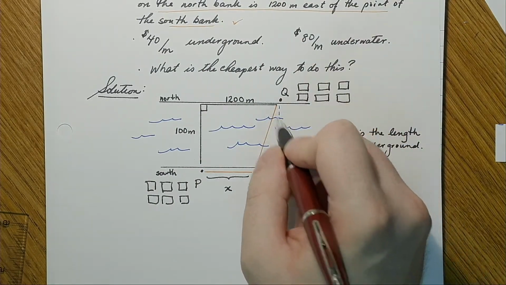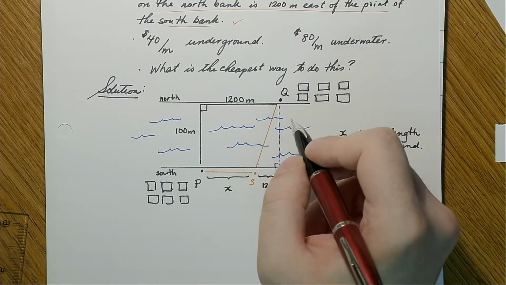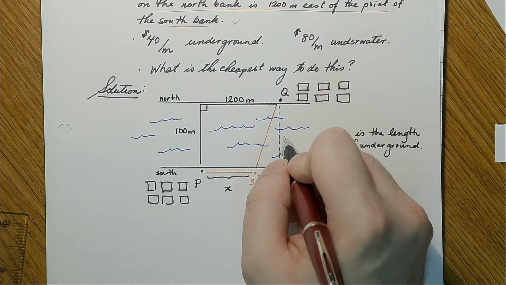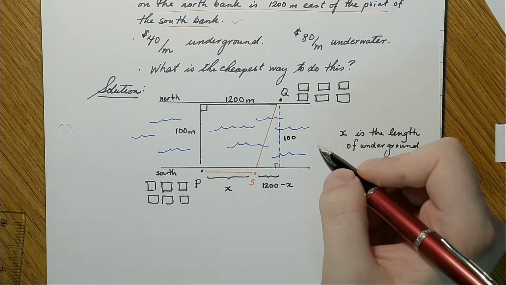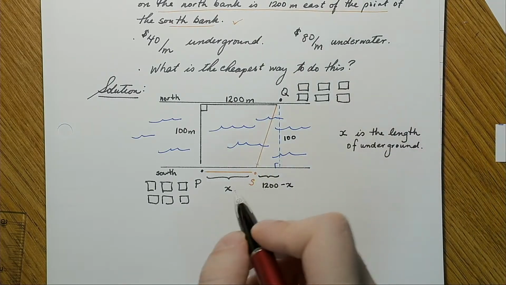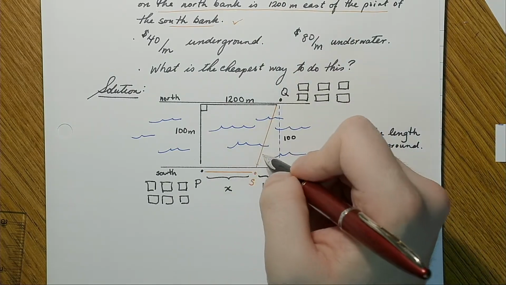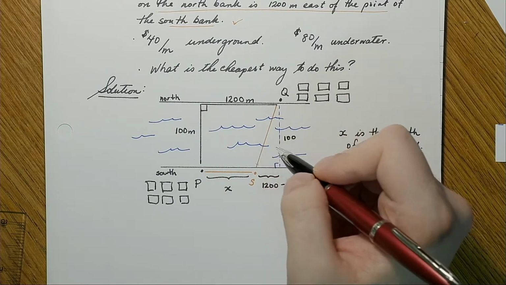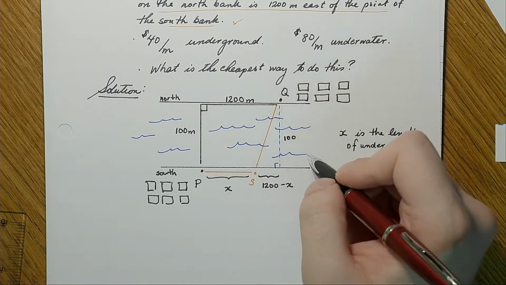And right here, this is one of the legs of the right triangle, and that's 100. And along here is the hypotenuse, and that will be our c squared.